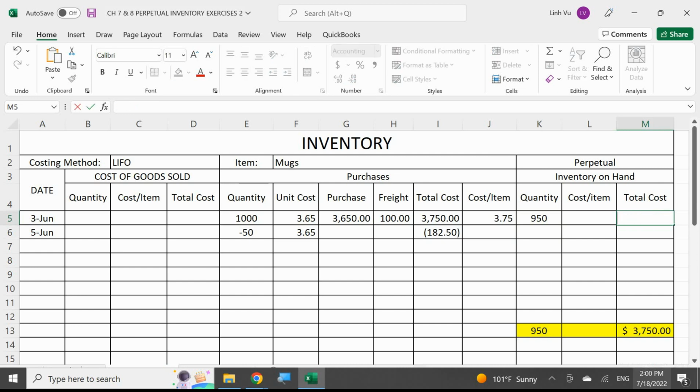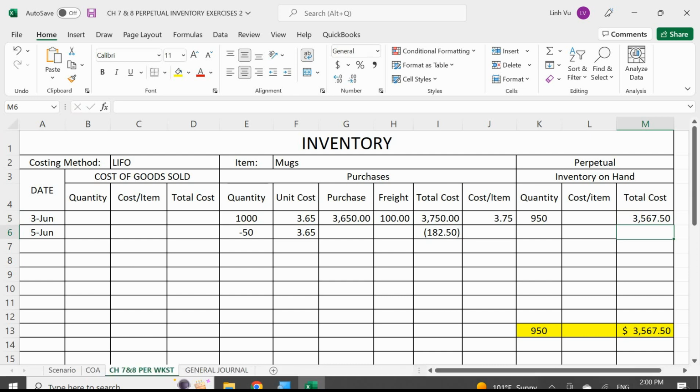I have to subtract out $182.50 because I got that as a refund. So that means I'm looking at a grand total cost of $3,567.50. Okay? So then, because now I have a new total cost and a new quantity, what do I need to recalculate?